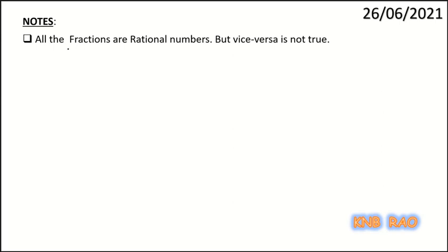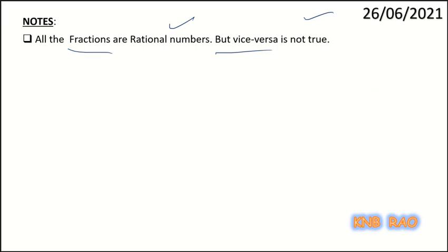Now, students, we will go for writing down some other important points of rational numbers. All fractions are rational numbers, but vice versa is not true. You can take 2 by 5 as a fraction as well as a rational number, but minus 2 by 3 is only a rational number, not a fraction.